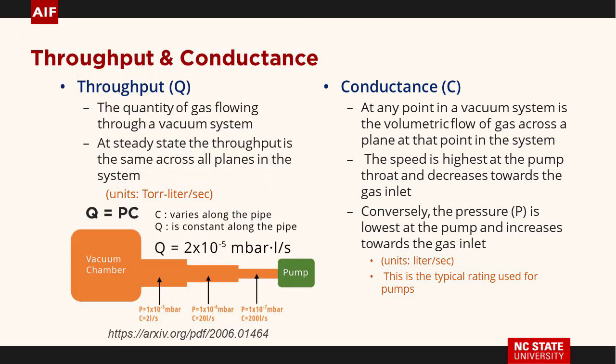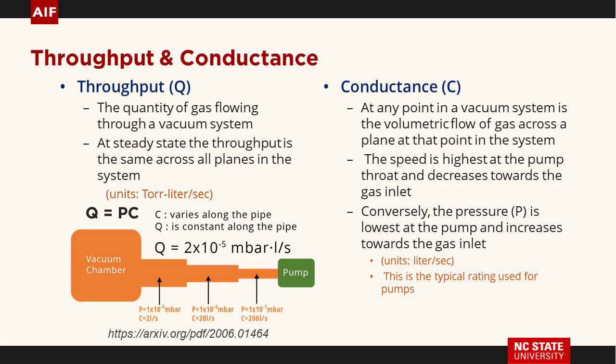Throughput and conductance. Throughput is how much gas is flowing through a vacuum system, and the throughput is the same across all planes in the system. So here we've got a vacuum chamber. As you neck this down, your conductance has to increase. Conductance is the flow across the plane.